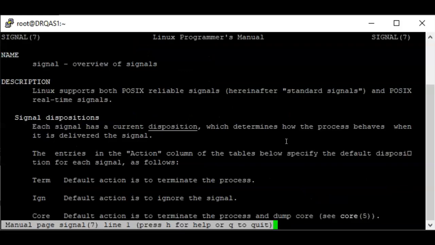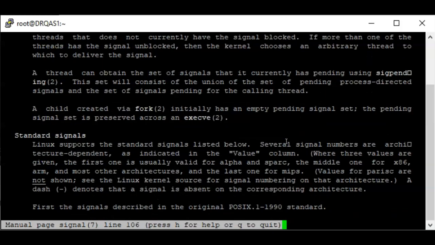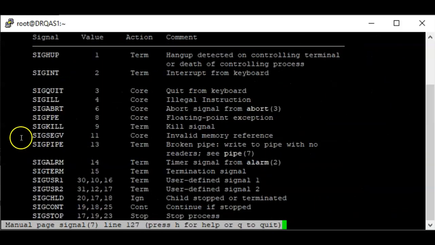Let me look for these two signals. This is SIGKILL, the kill signal, and this is SIGTERM, the termination signal. These are the two signals we are interested in.